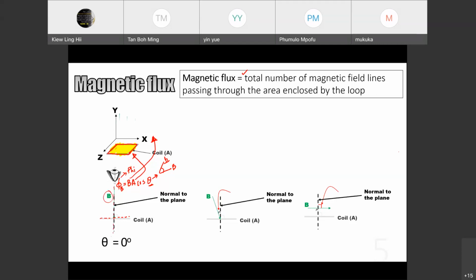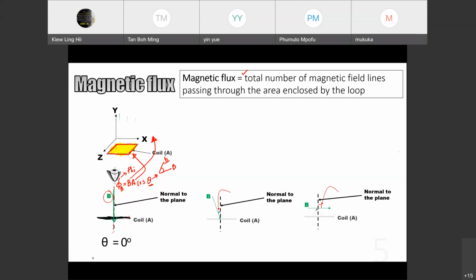So how do we usually determine theta? You have to draw the diagram, with this as your coil, and let's say this is the direction of your magnetic field going downwards.